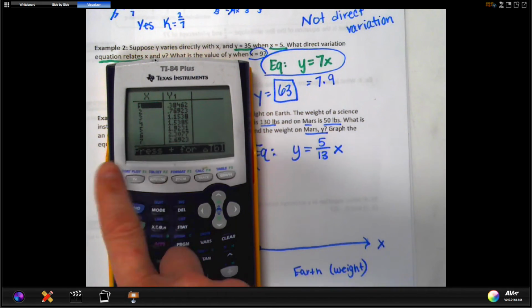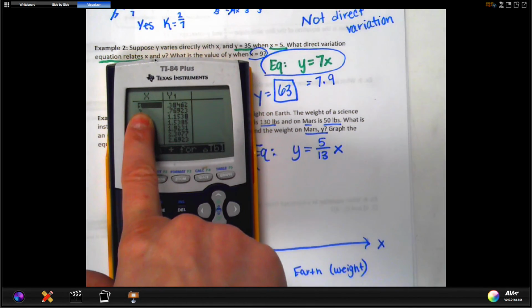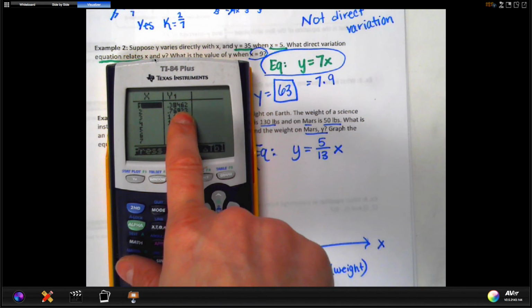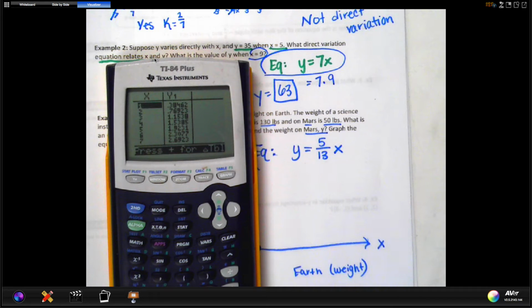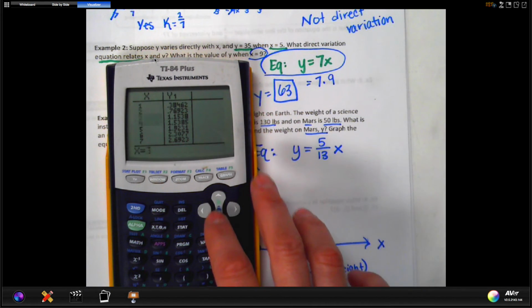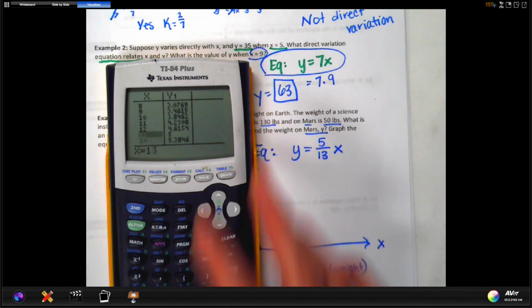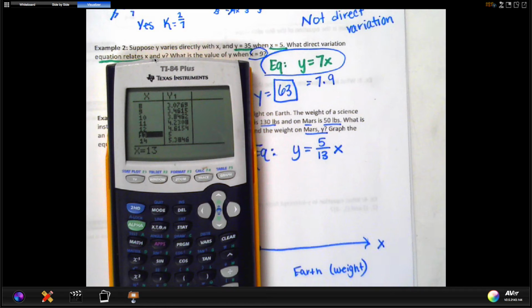It's hard because 1 pound on Earth is equal to 0.38462 pounds on Mars. That's really hard to graph. So what you want to do is scroll down until you can get to some whole numbers. Here's your first whole number, right? When x is 13, y is 5, right?